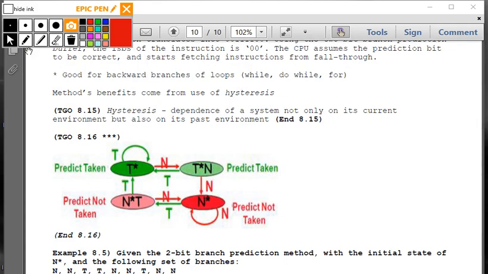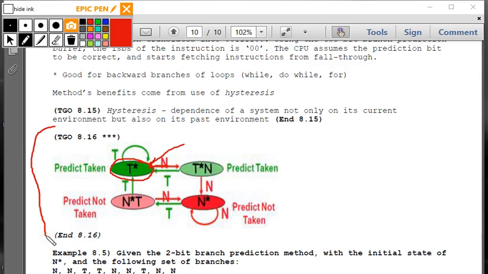So it's the dependence of a system not only on its current environment, but on its past environment. So basically the whole idea is that not only do you know where you were, but you're using this finite state machine here.